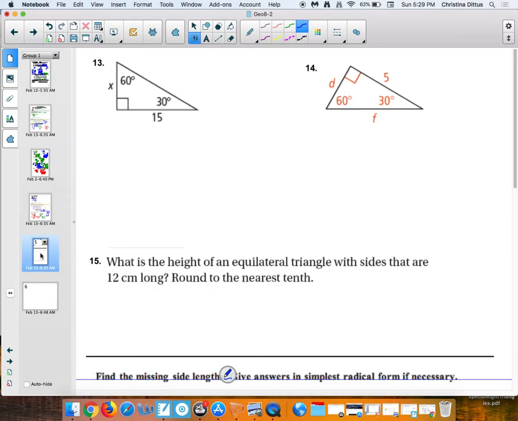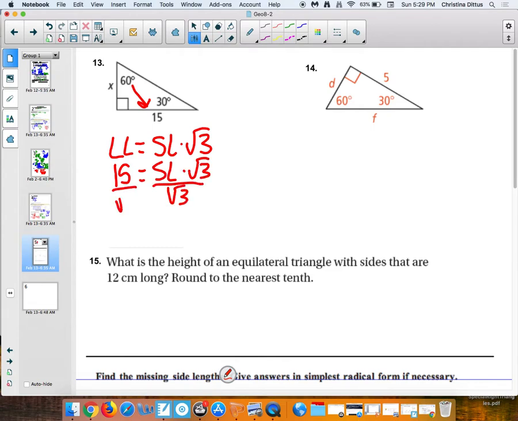And this last page, here's where it gets a little bit trickier. My long leg, I'm going to use my formula here because I'm given my long leg. That's the one I don't like to be given, my long leg, which is what these two are. My long leg is my short leg times the square root of 3. Well, I know my long leg across from my 60 is 15. So here, same thing, to get short leg by itself, you're going to divide by the square root of 3.